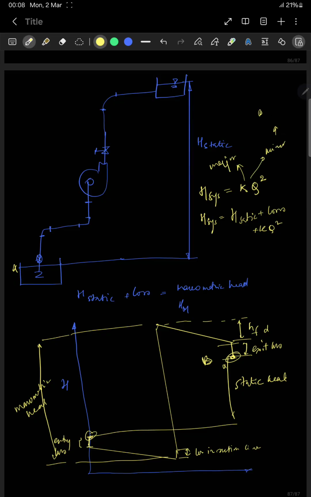Minor losses are in bends, valves, orifice, and major losses is friction loss in pipes. So we know that this is the HQ characteristics of the pump.